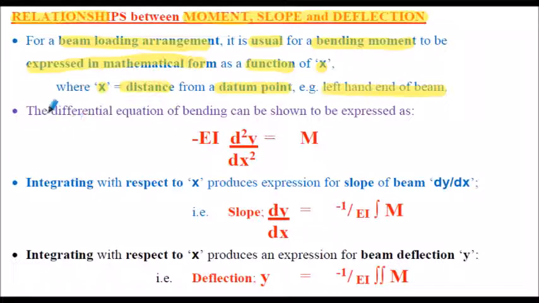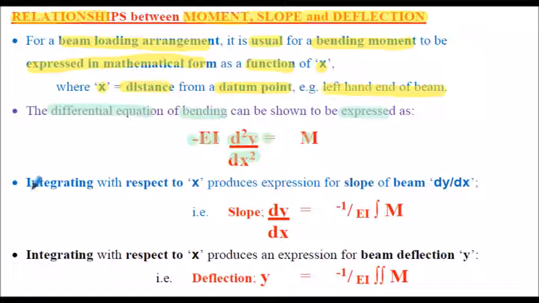We know from the previous slide that the differential equation of bending can be expressed as, and notice I've got a negative in front of my expression here, just for notation purposes, negative EI d²y/dx² is equal to M. Don't forget that E is the elastic or Young's modulus, I is the second area moment, and M is the bending moment along the beam.